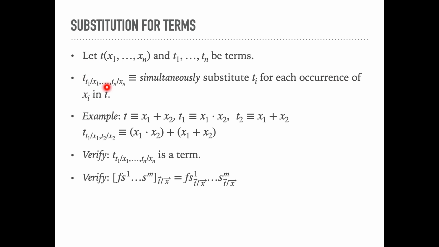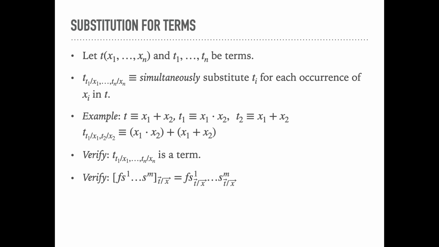So this is the notation for this. Important here is just the simultaneous procedure. You just take each ti and plug it in for each occurrence of xi in t. You don't do it one after the other, you really do it simultaneously.